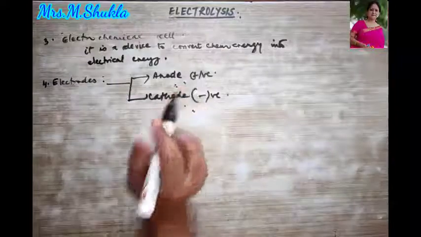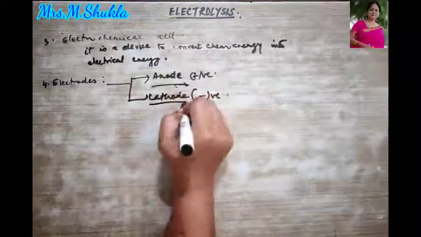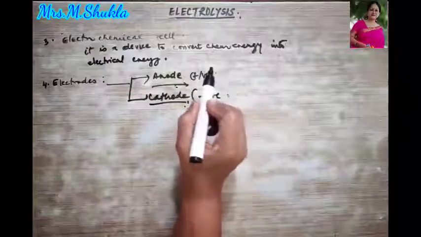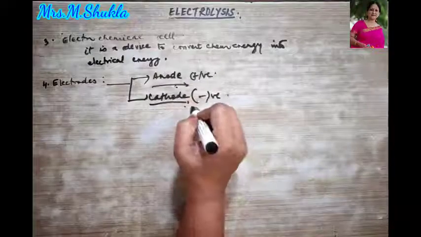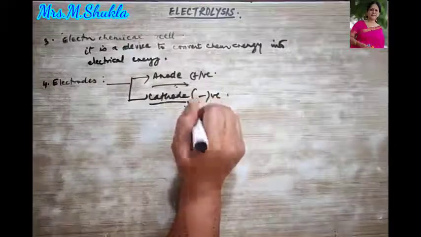Is that very clear? So now what is the difference between anode and cathode? Anode is the positive terminal of the battery and cathode is the negative terminal of the battery.